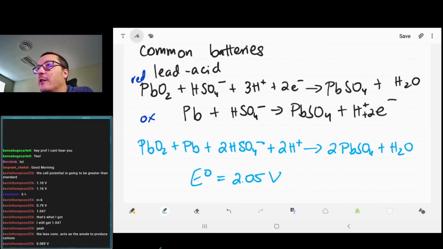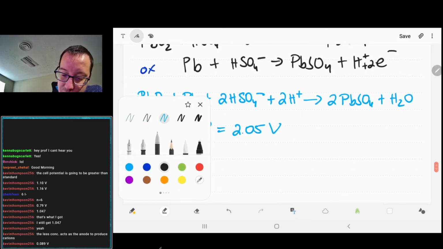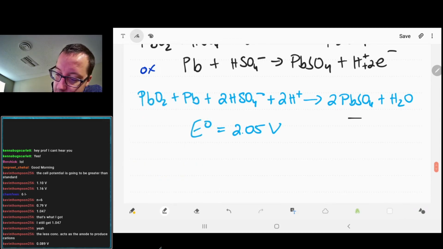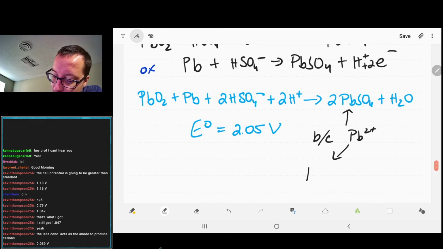We have also less rechargeable ones. Just note, because this is lead 2, we can disproportionate this back into lead 0 and lead 4, that lends this to be rechargeable.